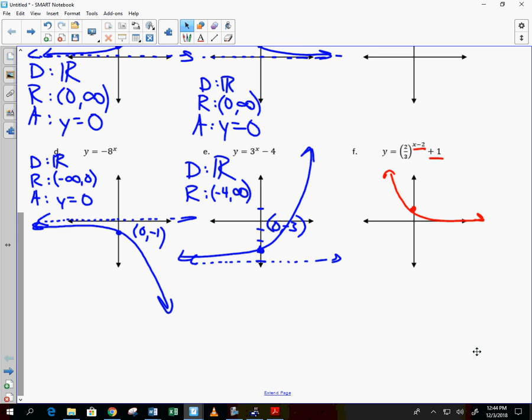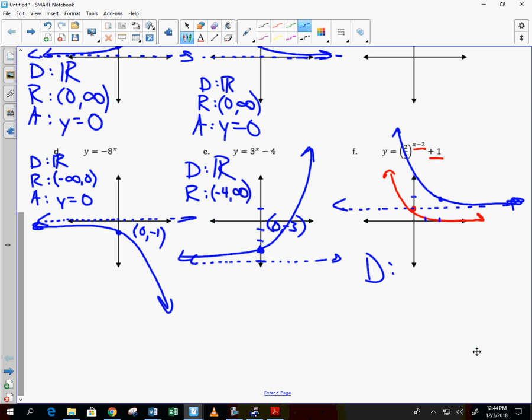So I'm going to take this graph. I'm going to move it 2 to the right. I move it 1 up. The 1 up will change the location of the asymptote. So that's what the graph looks like. Domain. All real numbers.